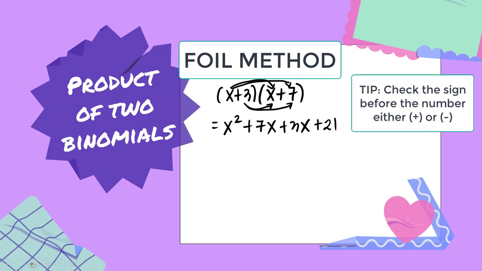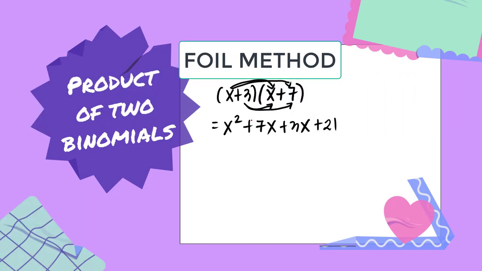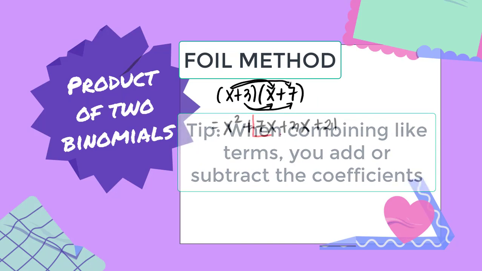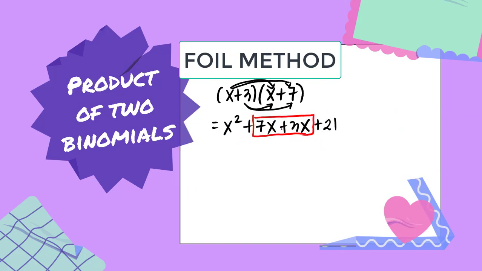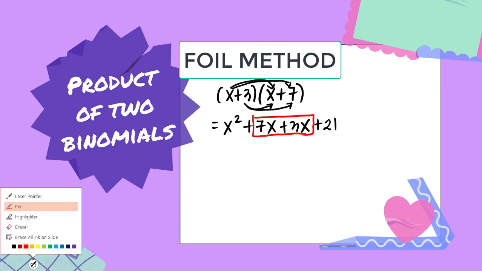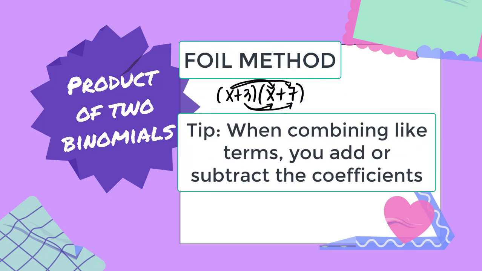Now, we have what we call combining like terms. When we say combining like terms, that means the terms have the same variable. In this case, since 7x and 3x have the same variable, you can combine like terms. When you combine like terms, remember that you only add the coefficients, or the numbers.